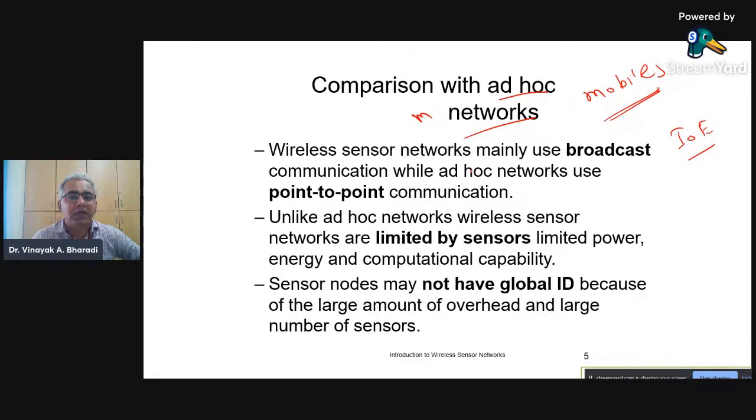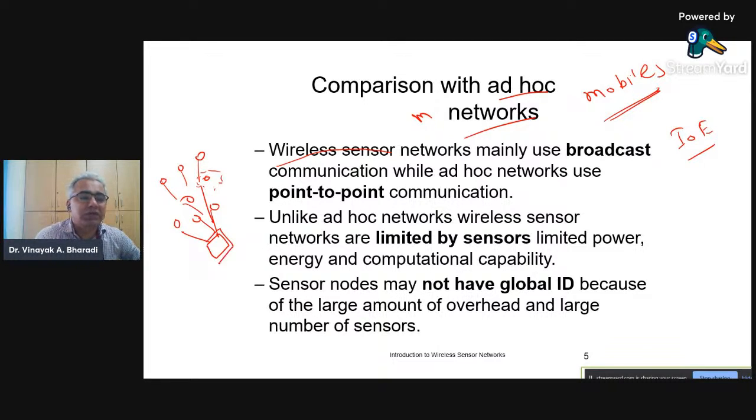Yes, wireless sensor networks, WSNs, use broadcast communication, while ad hoc networks use point to point. So this is one change. We have discussed that these sensors sense the environment, convert it into digital quantity, numbers, and then pass it on to the edge device, or gateway device, or coordinating device.